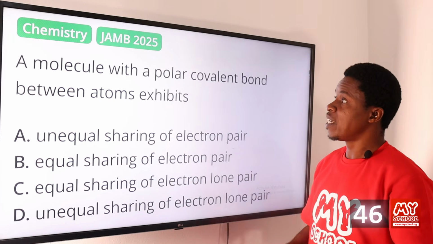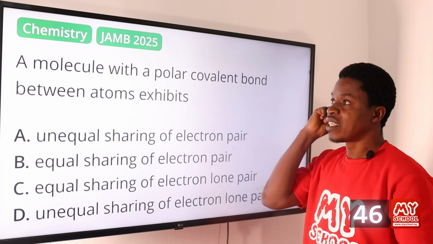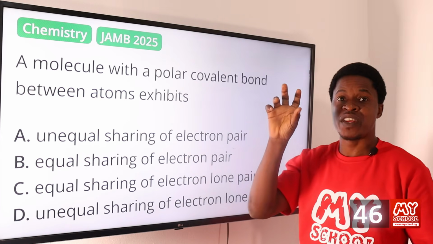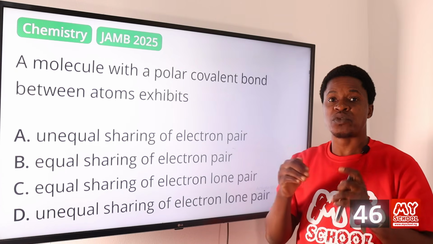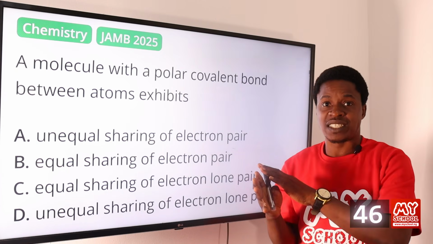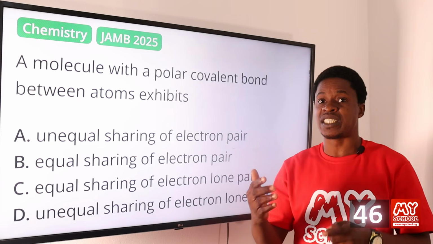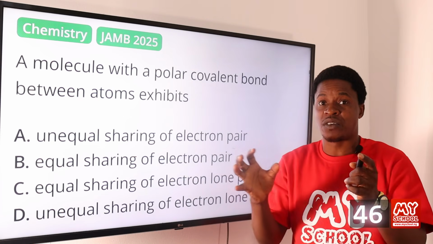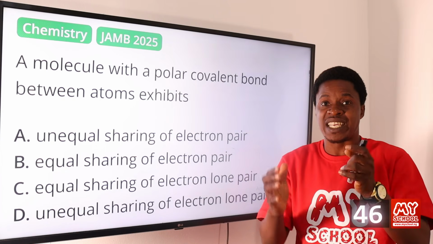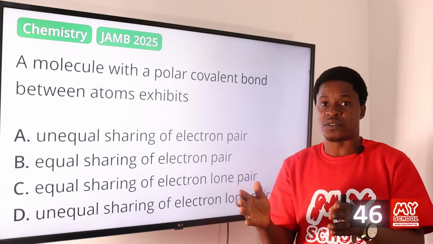A molecule with a polar covalent bond between atoms exhibits what? Now, a polar covalent bond usually takes place between atoms that have a significant difference in electronegativity. The difference is quite large, atoms that have a quite long range in their electronegativity levels.